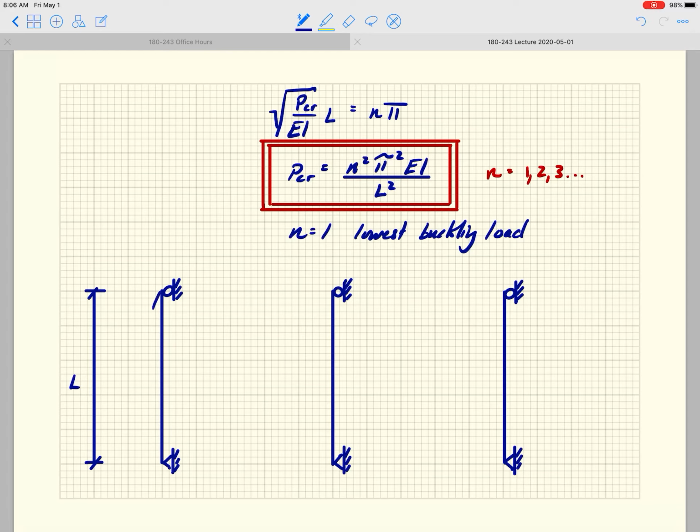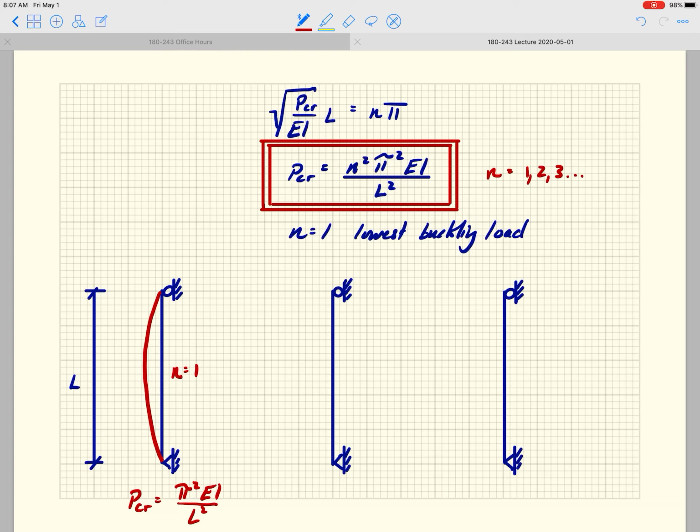The first one will buckle. In fact, let me do this in red. So it will buckle something like that, and in this case, n equals 1. You can think about n as the number of half sine waves in the buckling shape. So in this case, P critical equals pi squared EI over L squared, like that.